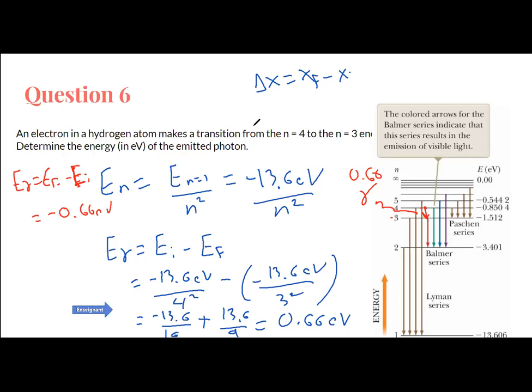So the formula is written with the initial first and the final second, so that positive energies are released when you go down a level. And again, this all has to be done because by convention, the energies of the hydrogen atom are negative. That's why there's this unusual formula.